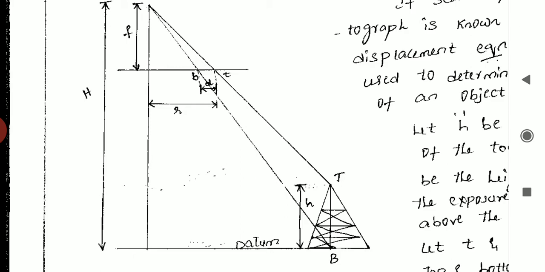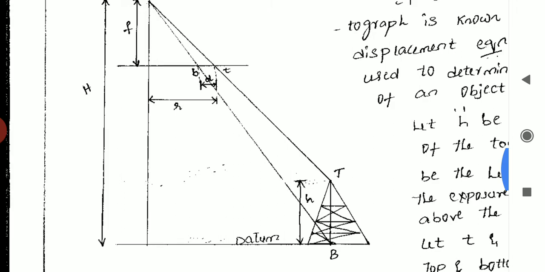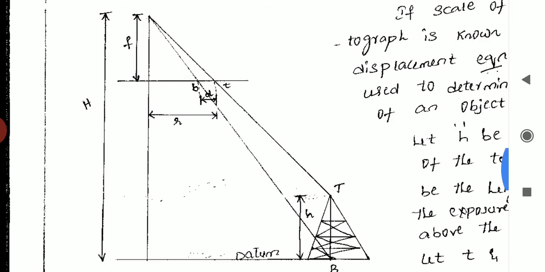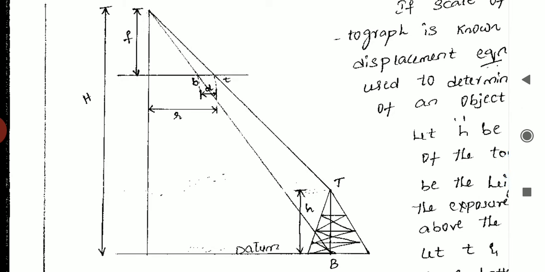Let small h be the height of the tower, and capital H be the height of the exposure station above the datum. Let T and B be the top and bottom positions of the tower on the photograph. The radial distance small r and relief displacement small d can easily be measured.